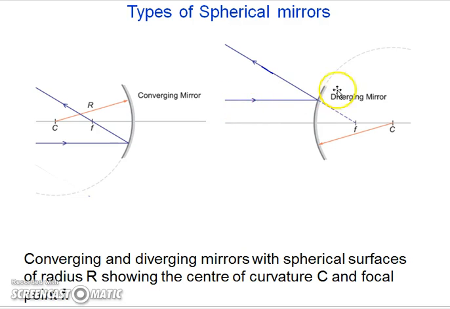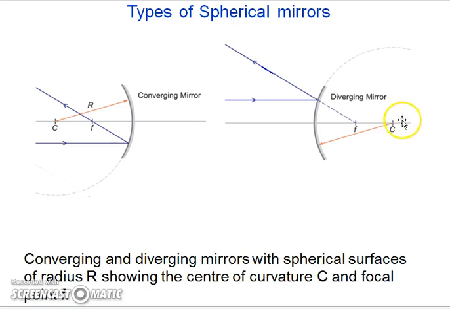Same thing here in the diverging mirror: a ray parallel to the principal axis or central axis, when it is incident on the mirror, reflects back, and the reflected or outgoing ray seems to be coming from the focal point. Here the outgoing ray passes through the focal point; here it seems like it is coming from the focal point.